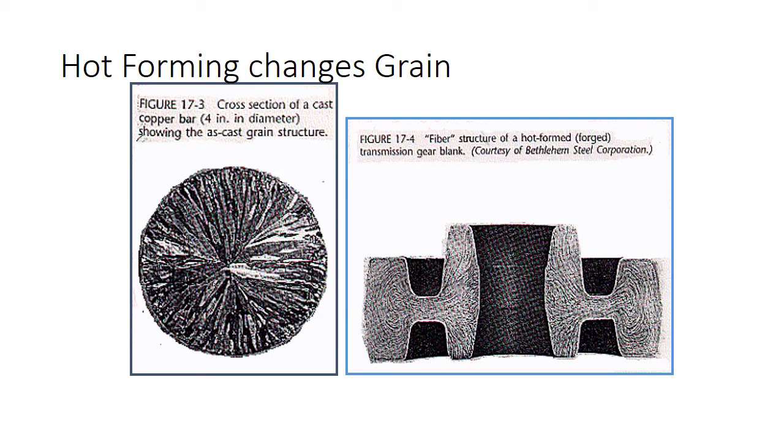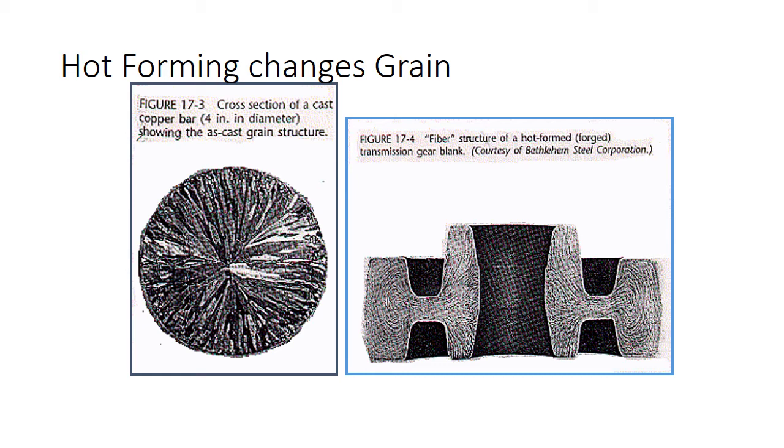Well, here's an example of some grains. The one on the left is cast. It's copper, but iron does the same thing. You can see the grains line up. If it's cast, that means it was poured in hot and then let cool. And when that happens, the grains align themselves like icicles towards the center.